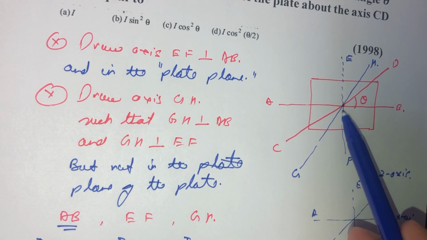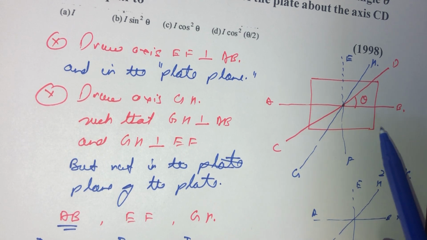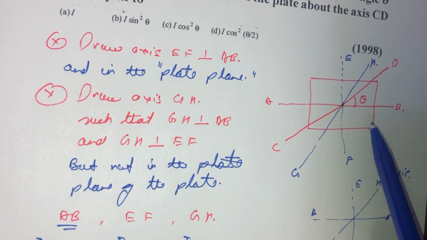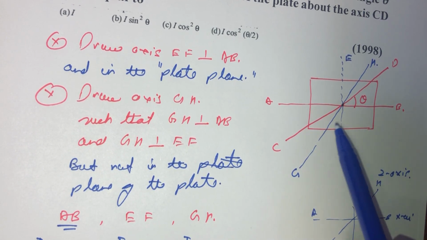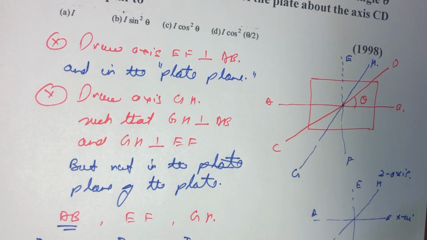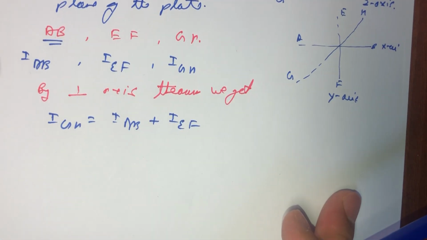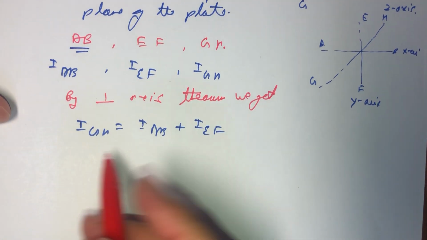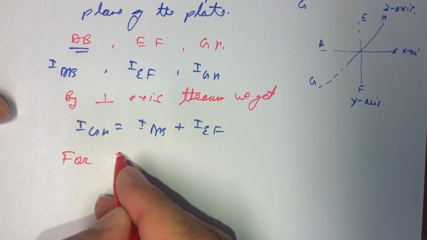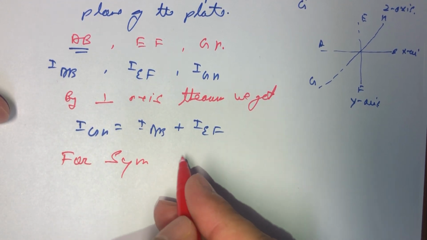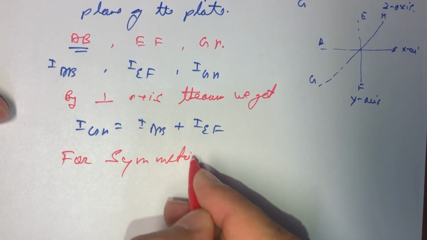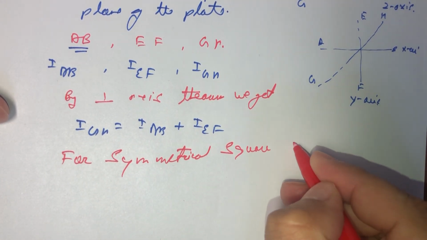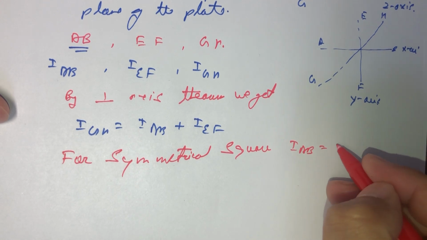Therefore, the square will have a symmetric moment of inertia along all such axes. So for the symmetrical square, IAB will be equal to IEF.